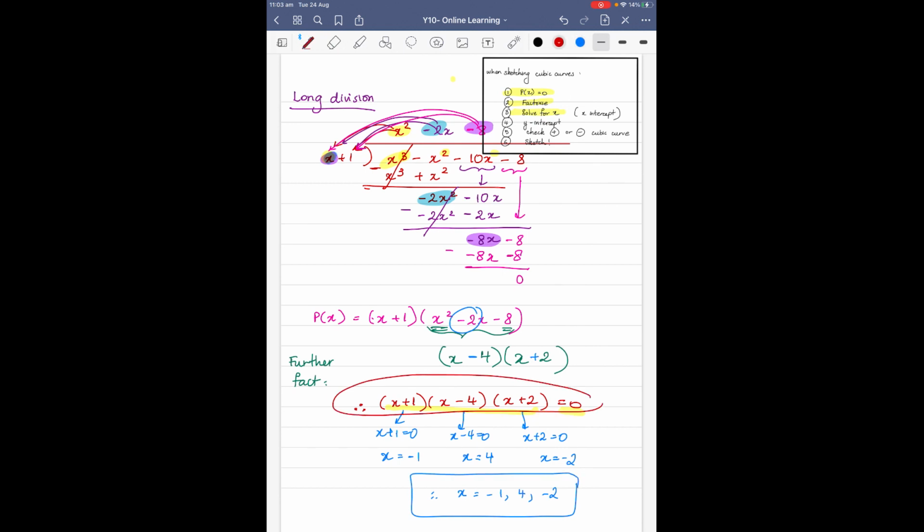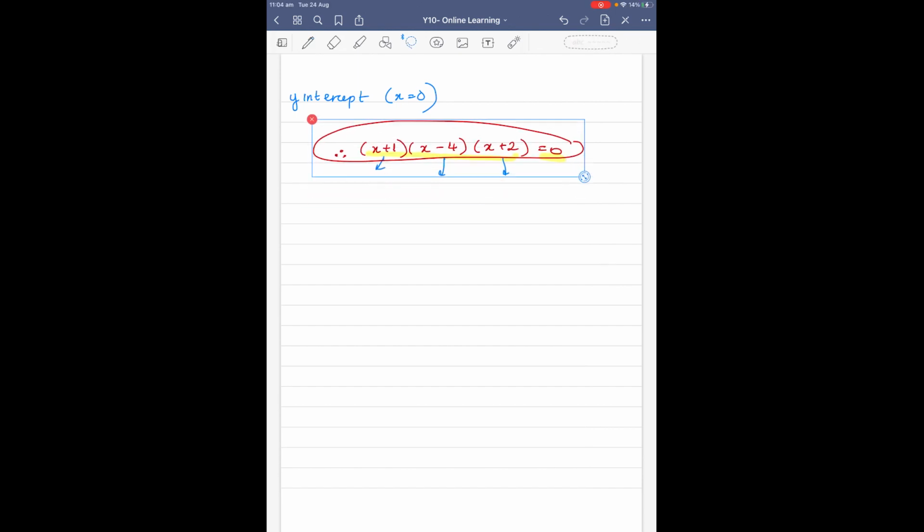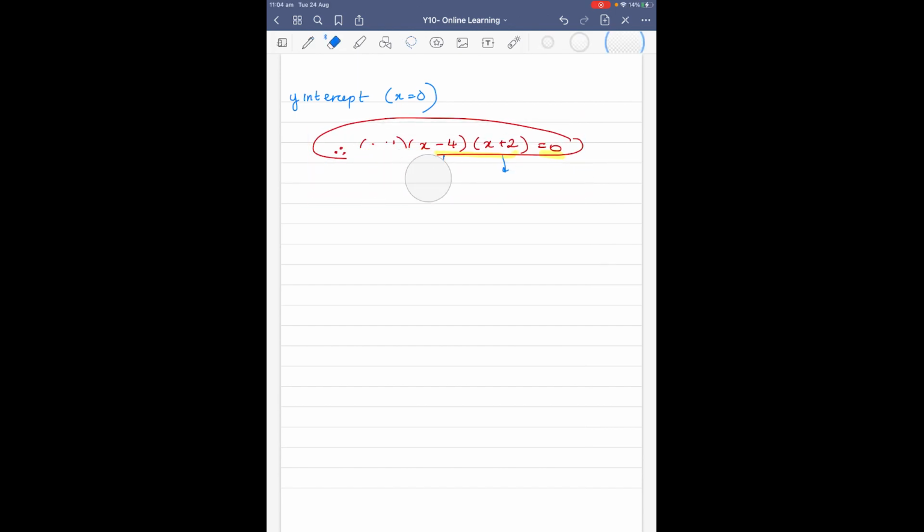Alright, so that's done. We're going to do the next step, which means we are going to find our y-intercept next. So to find your y-intercept, we usually make x equals 0. Okay, so looking at this, to make x equals 0, we're going to substitute it in.